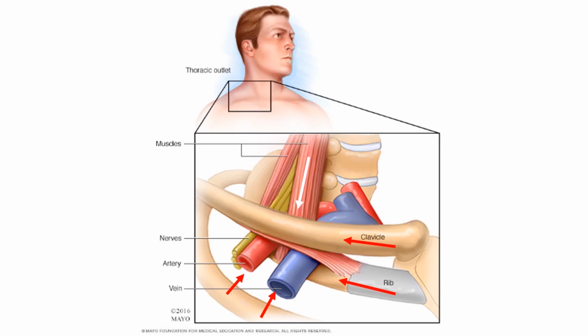When it crosses the first rib, it makes a groove on the superior surface of the first rib, and then posterior to the scalene tubercle, we have the subclavian artery crossing the first rib and making an impression on the superior surface of the first rib.